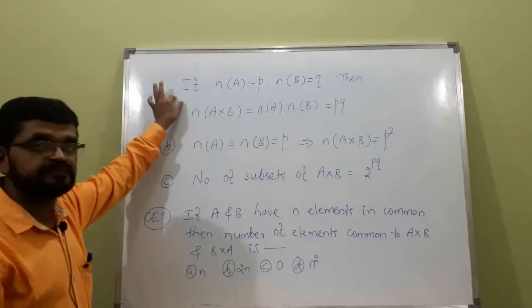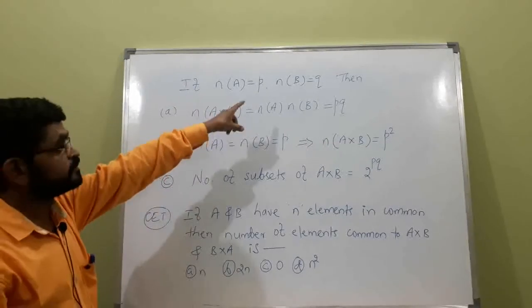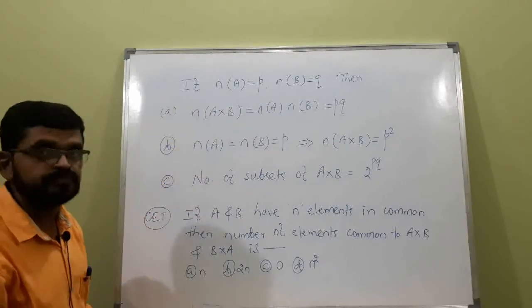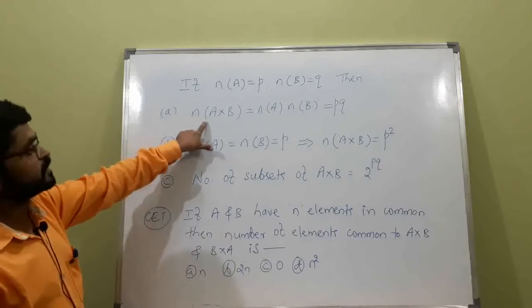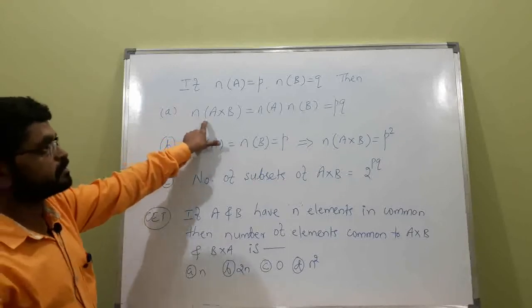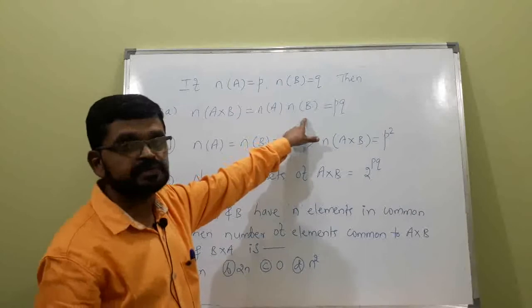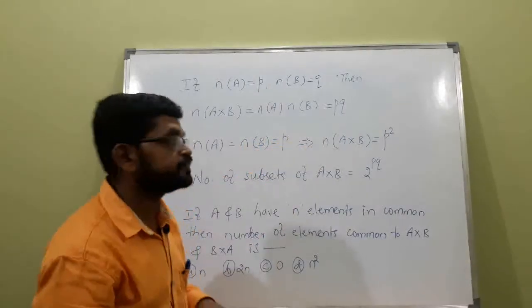If the number of elements in A is p and the number of elements in B is q, then the number of elements in A cross B is the number of elements in A into the number of elements in B, that is p into q.